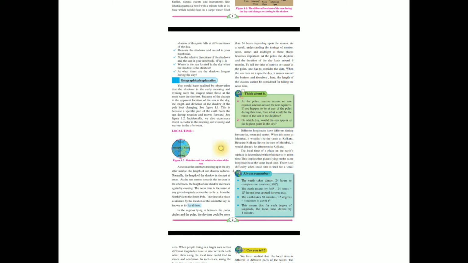Means direct sunlight is coming at 12 noon, so at 12 noon we feel very warm, and in the morning and evening crossed sunlight is coming to our place, so it is cooler than the afternoon. You can see in figure 1.2.